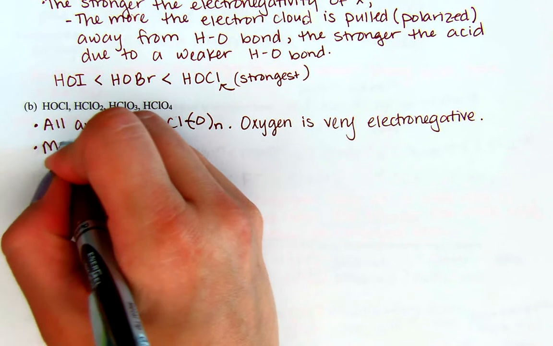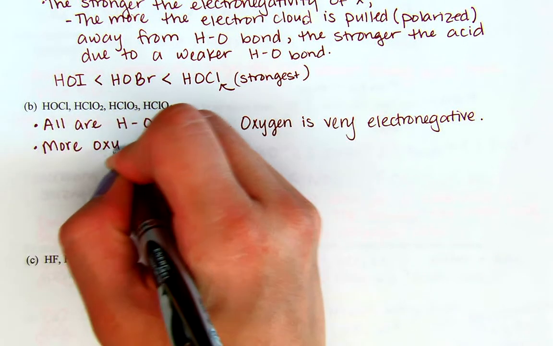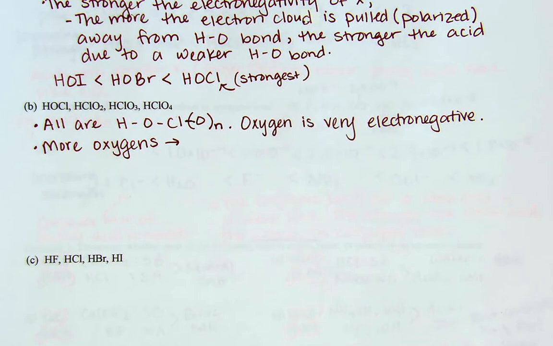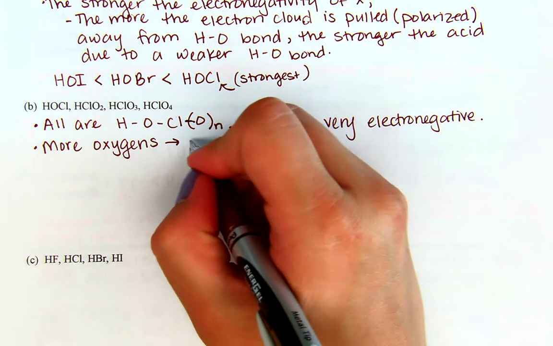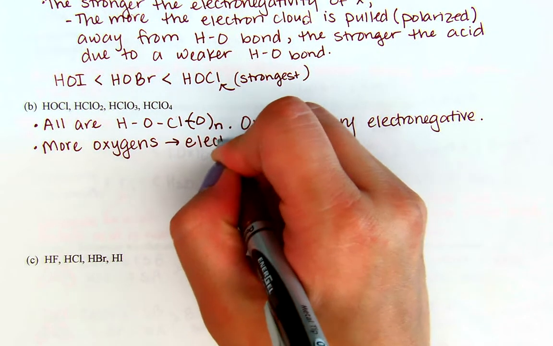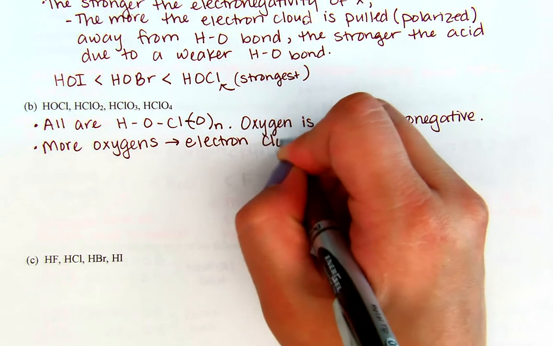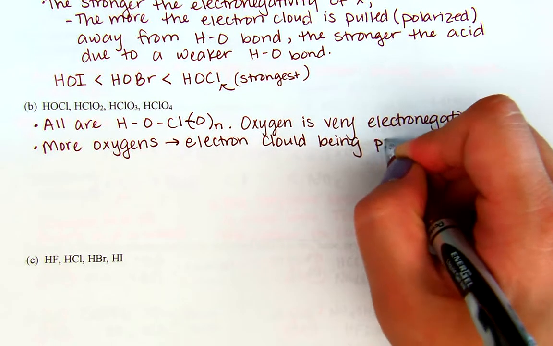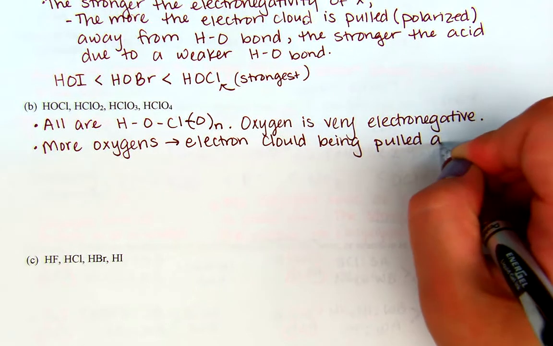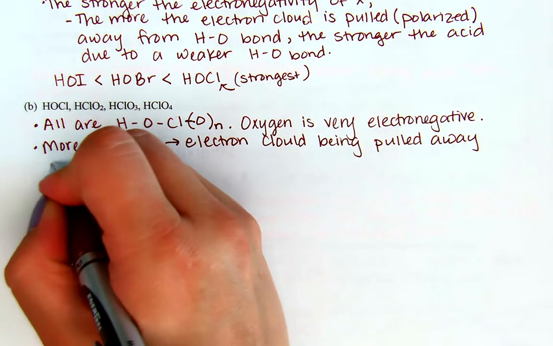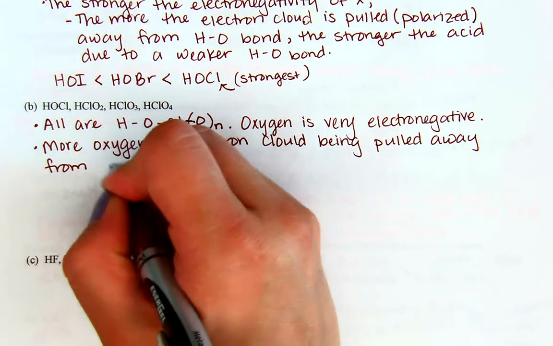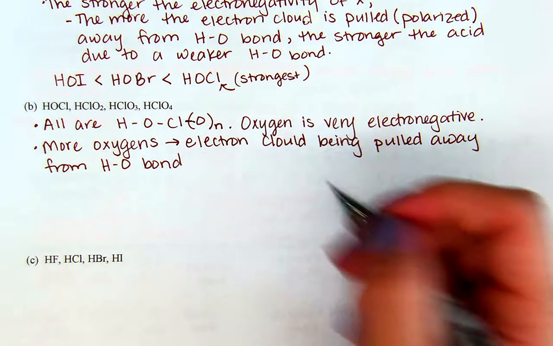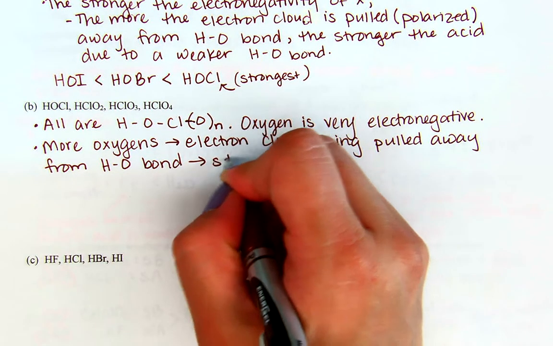If you have more oxygens, that leads to the electron cloud being pulled away from the HO bond. And that leads to a stronger acid.